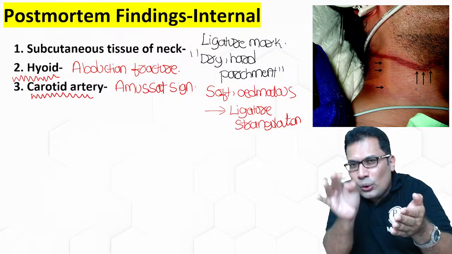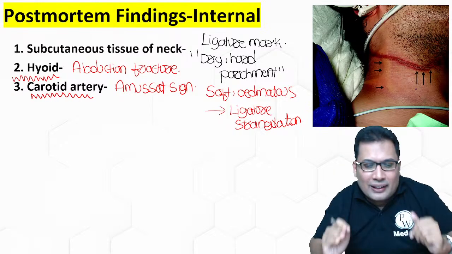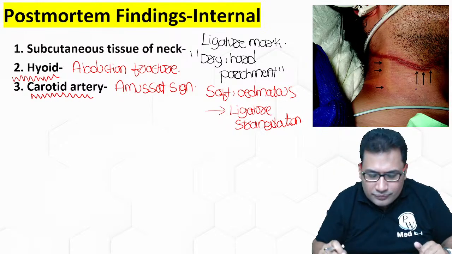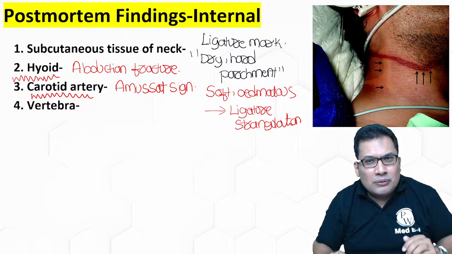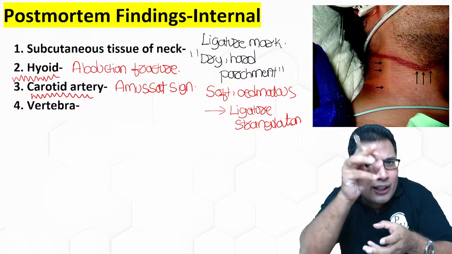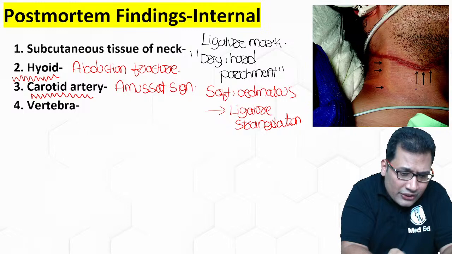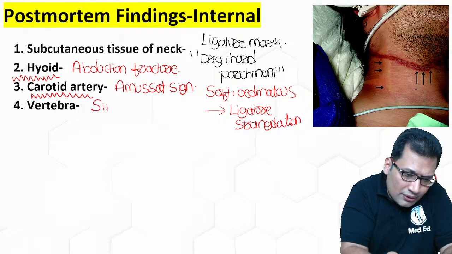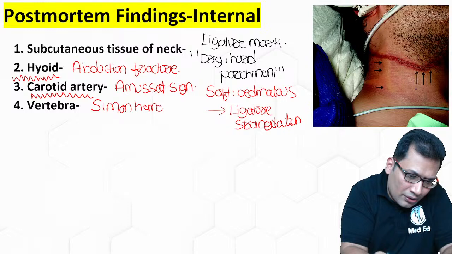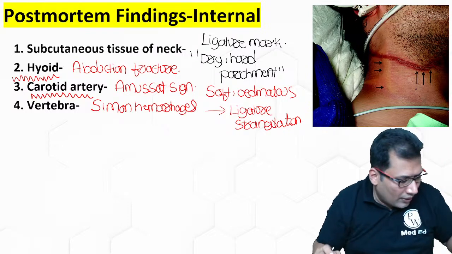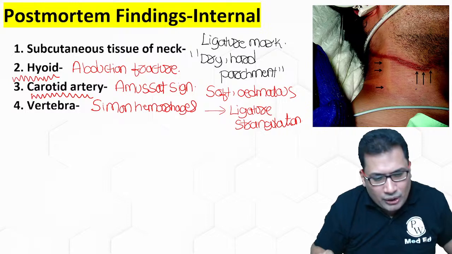The tear is known as Amussat sign. Vertebra. When you see the vertebra, there can be a collection of hemorrhages. These hemorrhages are known as Simon hemorrhages. Again, a non-specific finding.